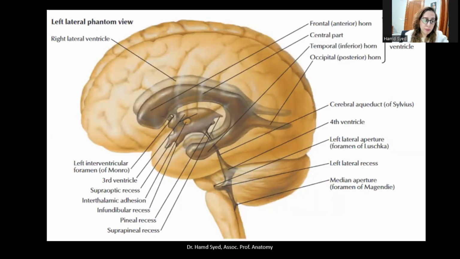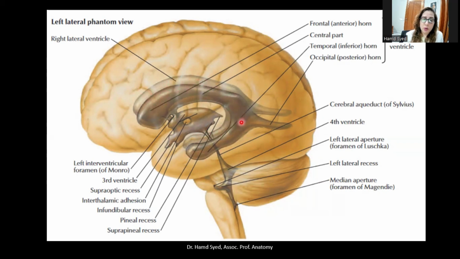Now, here we have the cerebral hemispheres, and we can see that over here, this is the shaded part, which is showing us in the grayish color the presence of the ventricular system within the cerebrum. So let's look at these 2 paired C-shaped lateral ventricles.